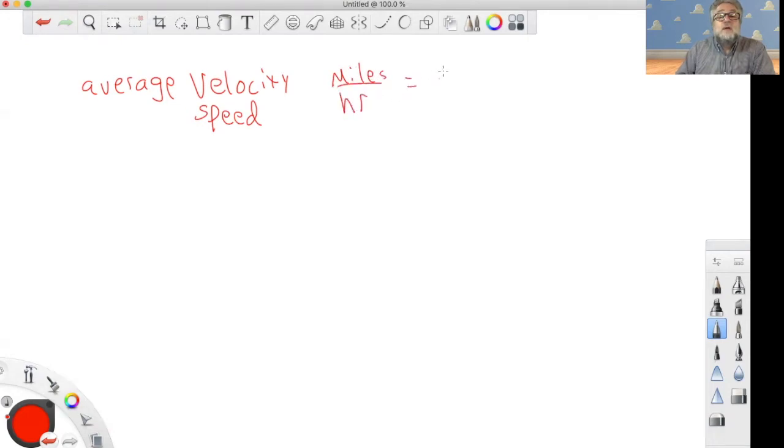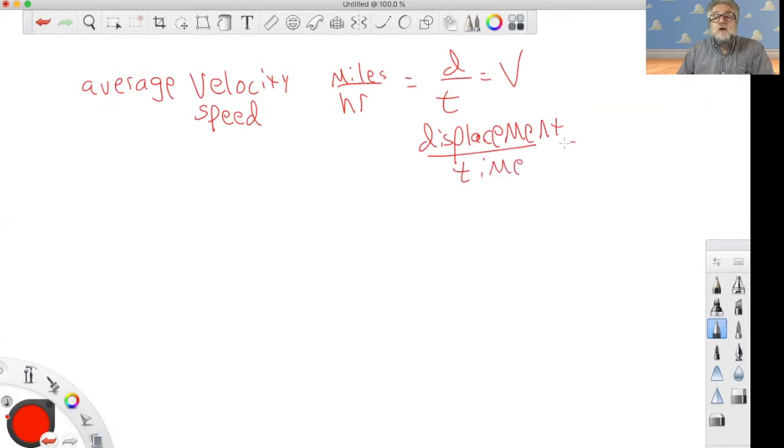So that would be distance over time equals velocity. And the book is going to use not distance, but displacement over time equals velocity.